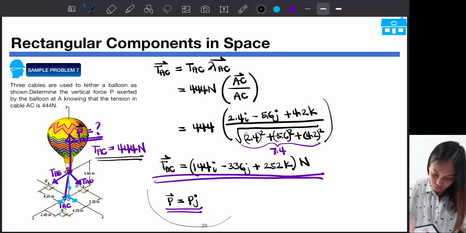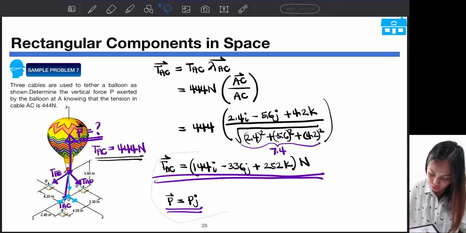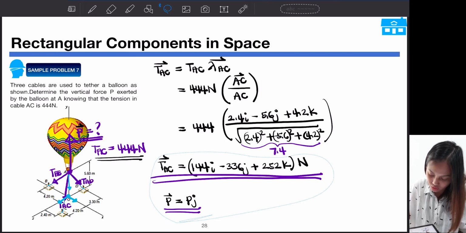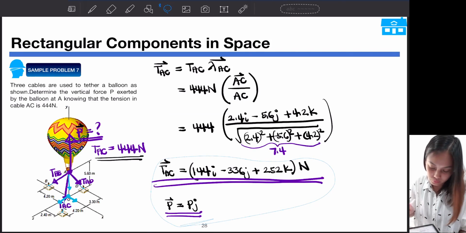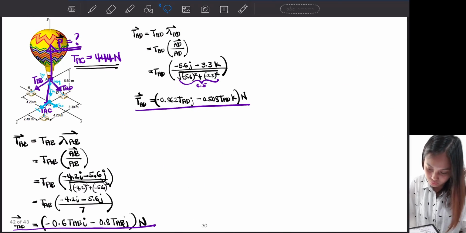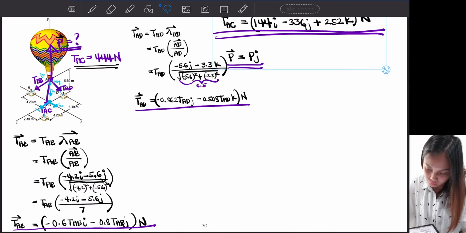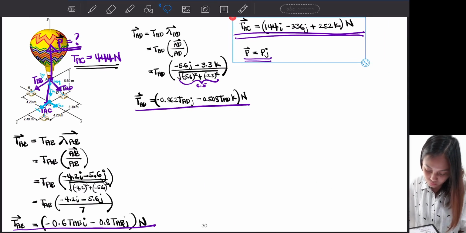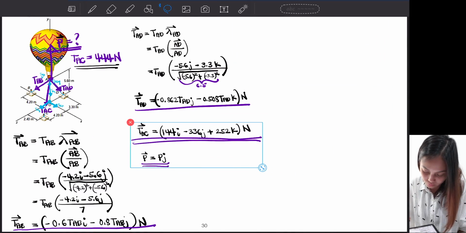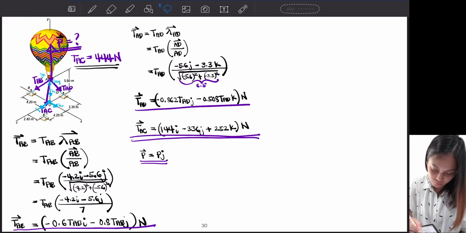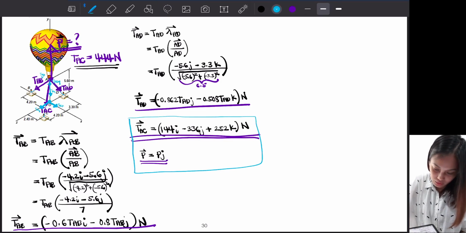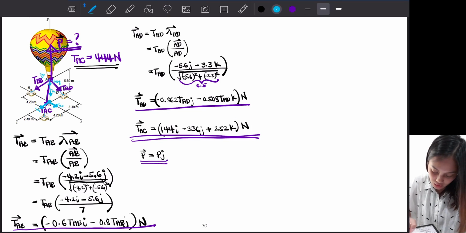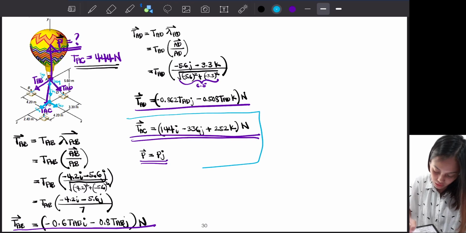Kopya ito para ato siya gamitin. Copy. Kailangan natin siya para masolve natin tanan.